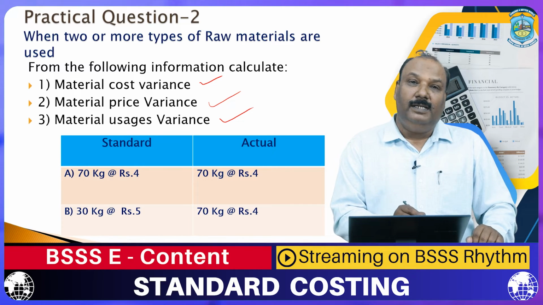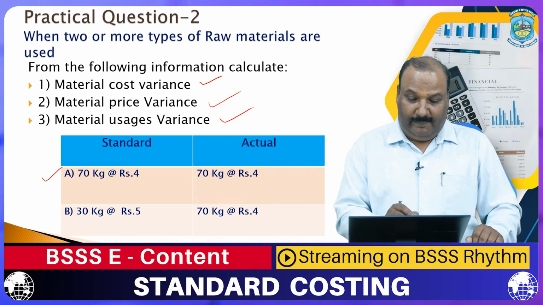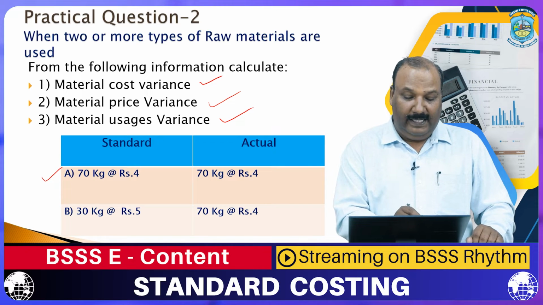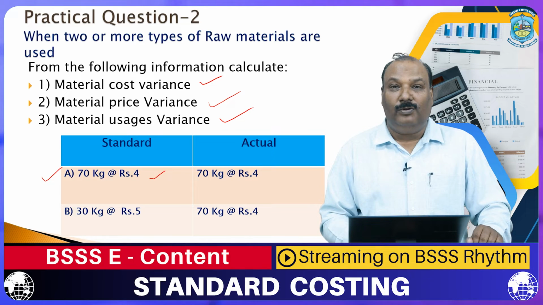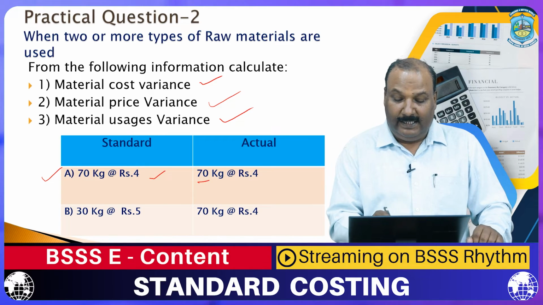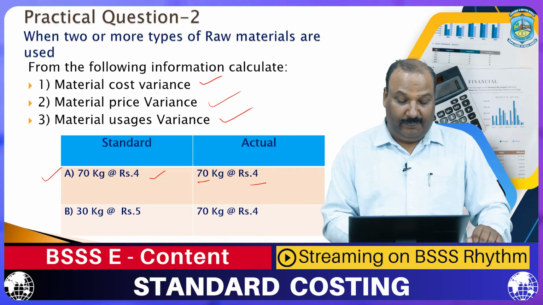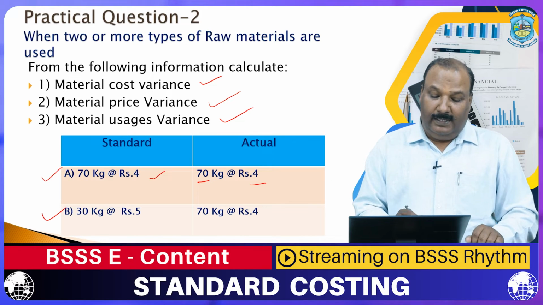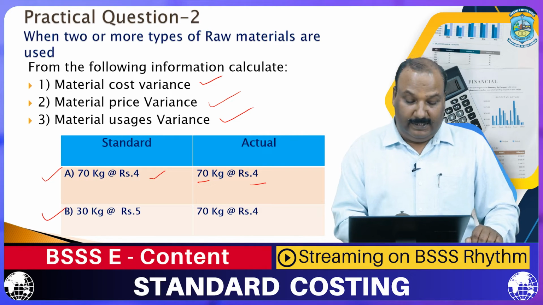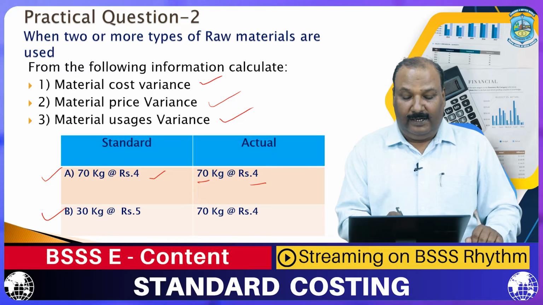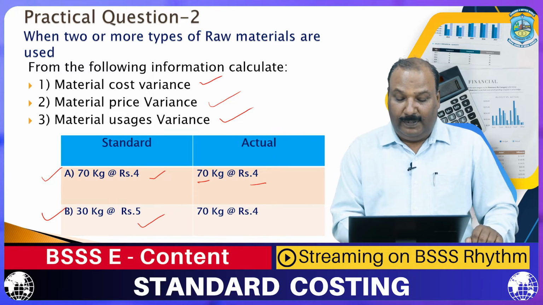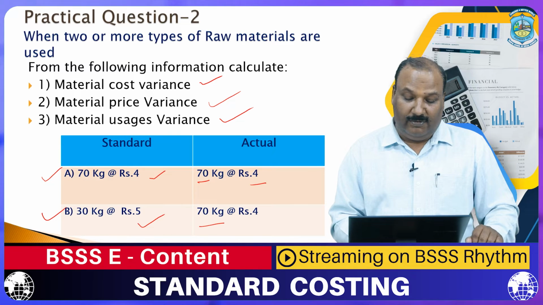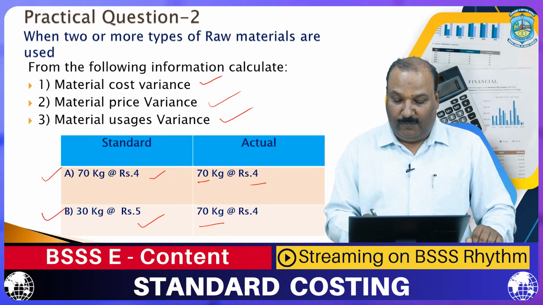For product A, standard is 70 kilograms at the rate of rupees 4, whereas actual is 70 kg at the rate of 4. Now in product B, standard is 30 kilograms at the rate of 5 rupees, whereas actual is 70 kilograms at the rate of rupees 4.